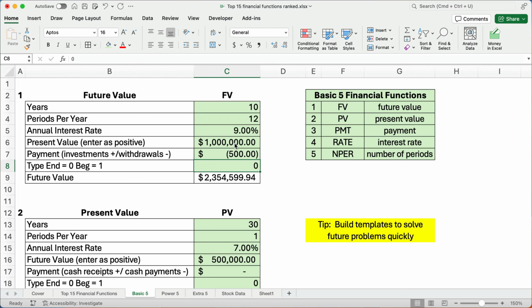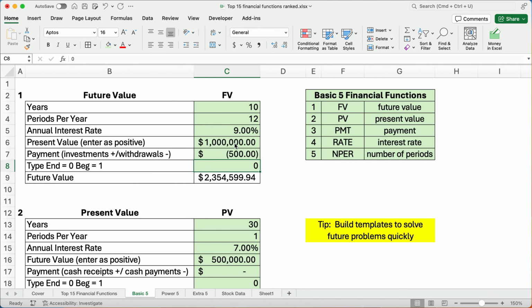Well, you see if we had no payments, then it's $2.4 million. But if we took out minus 500 from that account, then it's $2,354,000. So this solves all future value problems.